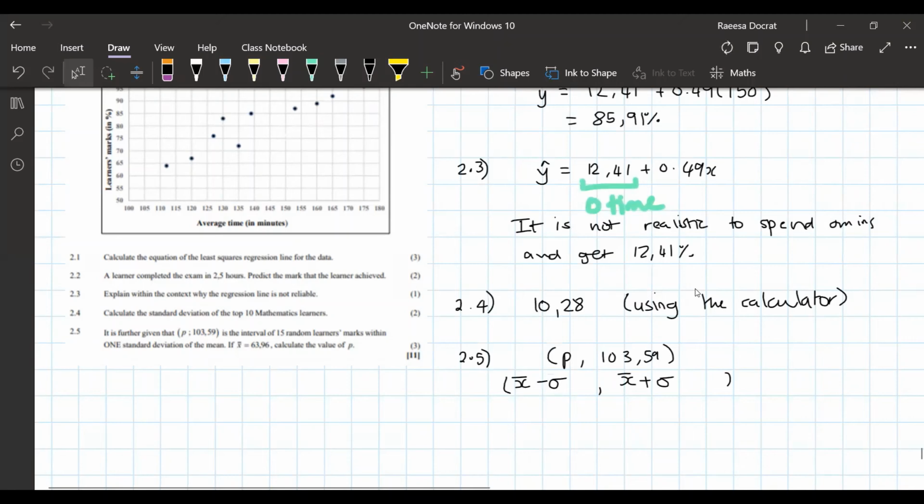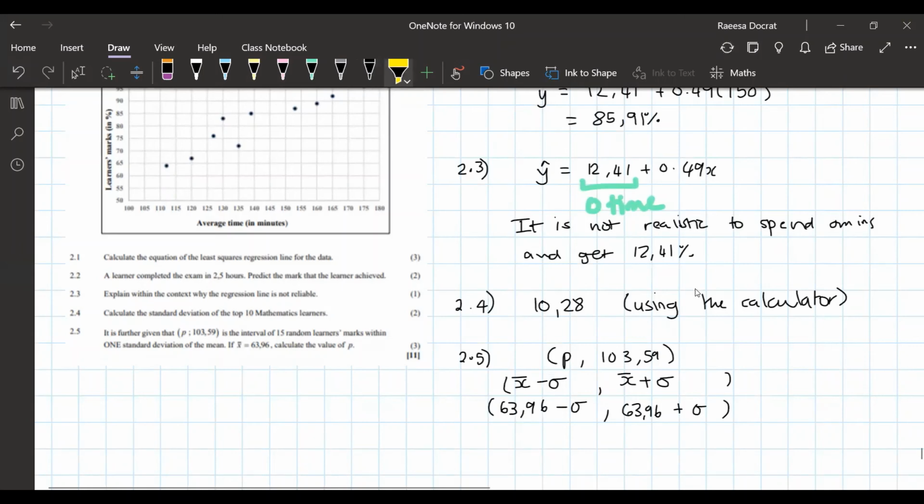So we know our x bar is 63.96; 63.96 minus sigma will give you P, and 63.96 plus sigma will give you 103.59.